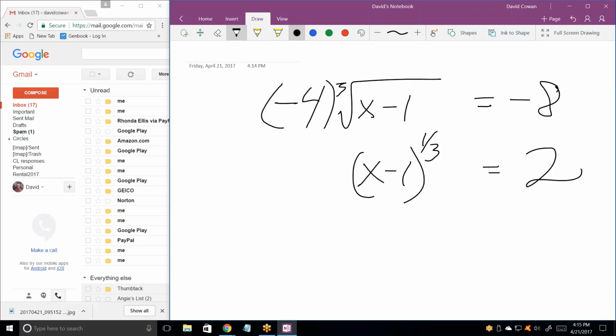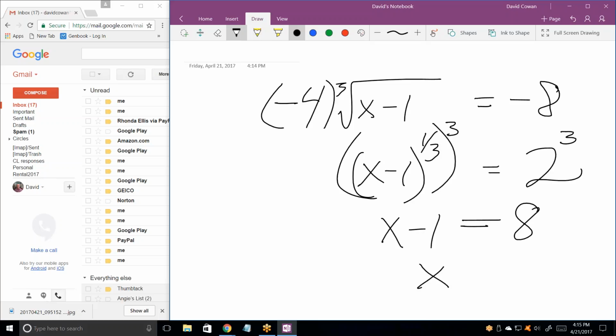The next step is to exponentiate both sides by 3 over 1. So that gives you x minus 1 equals 8, and x equals 9. Yes. Hold on a second. It's an odd answer.